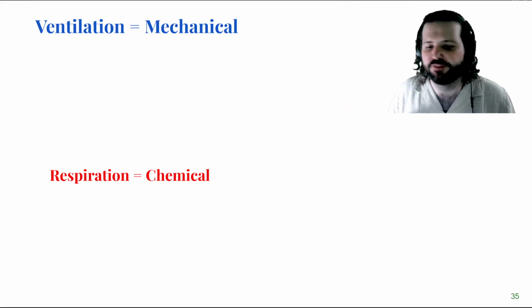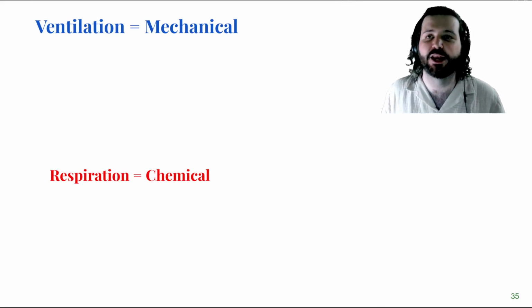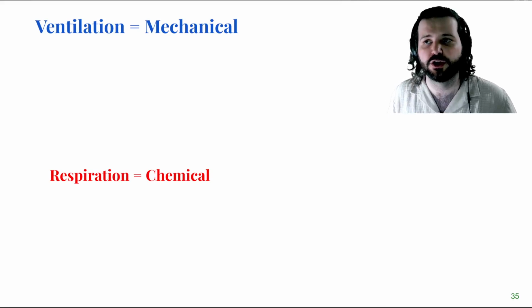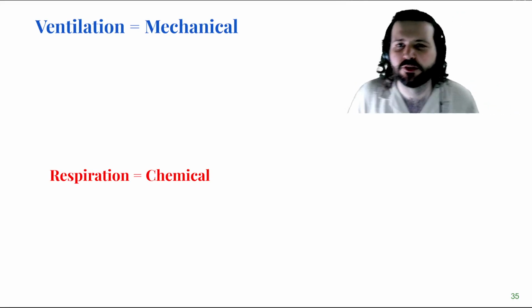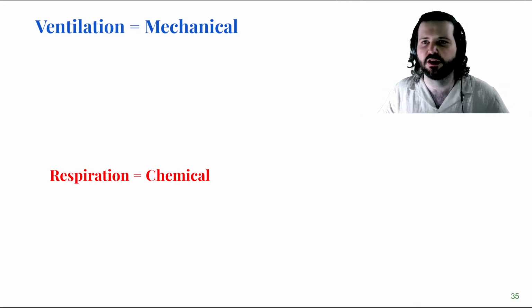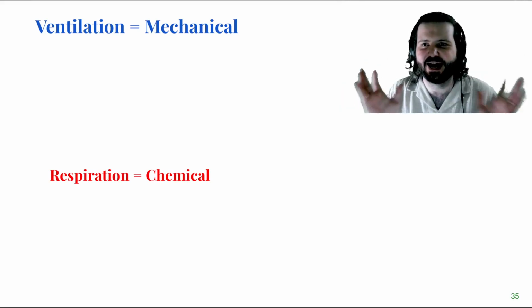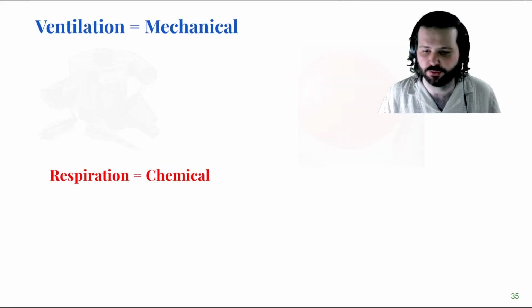So, if somebody's choking, there's something stuck in their throat, that is a mechanical issue. They're not able to get air down into their lungs, but if they could, it would be working fine. Versus somebody who has like pneumonia, where there's a bunch of mucus and stuff blocking those alveoli, and it doesn't let air through, and it doesn't allow that gas exchange to happen, which would be a respiratory or a chemical issue, right?